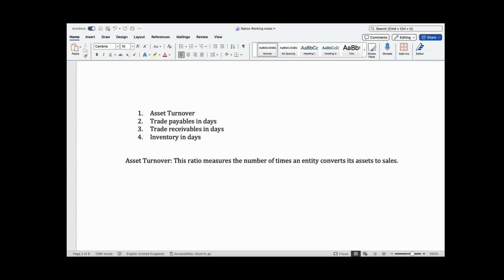How efficiently are you using your assets to generate sales? So it shows how efficiently an entity uses its assets to generate sales. How efficient are you using it? And it is computed as below.